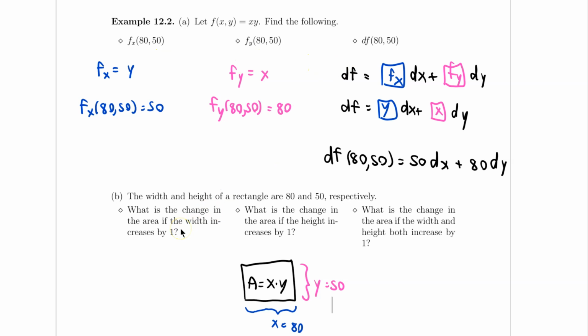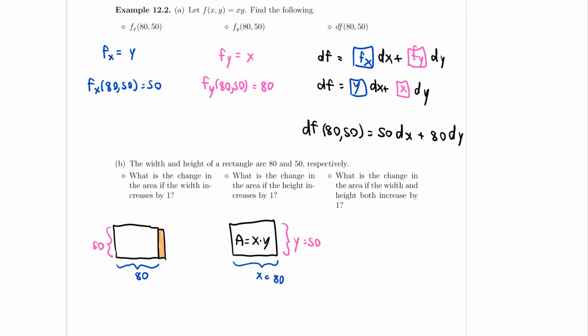Now for the first part, I'd like to find the change in the area if the width increased by 1. So I have this rectangle, the width is 80 and the height is 50. You can imagine if the width increased by 1, I'm going to have this little strip that has area 50 being added to my rectangle.